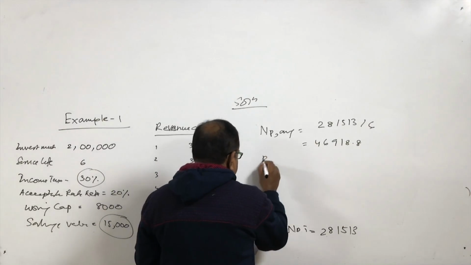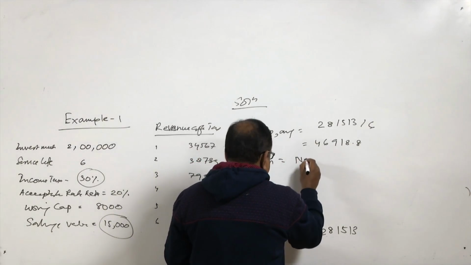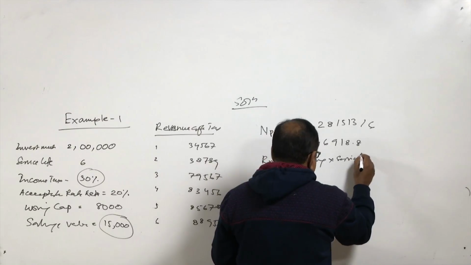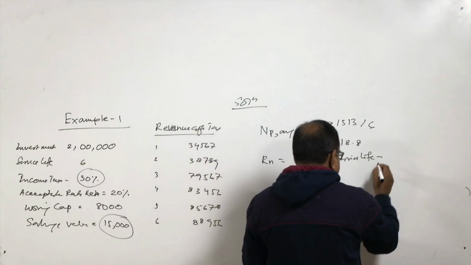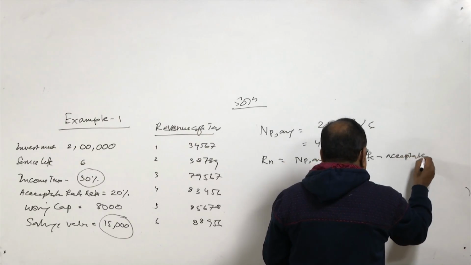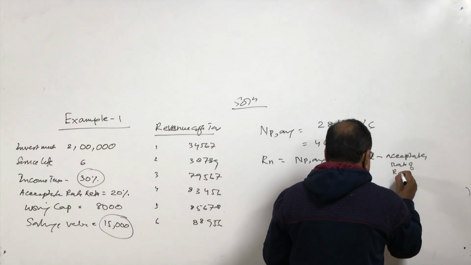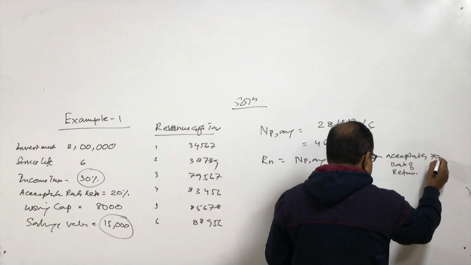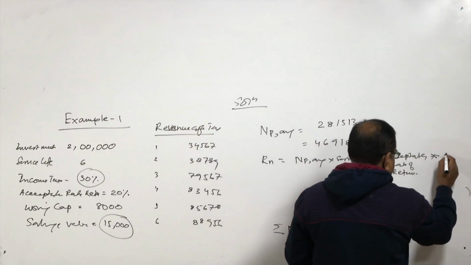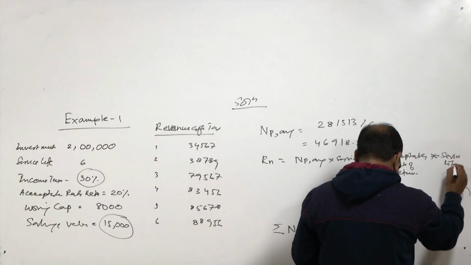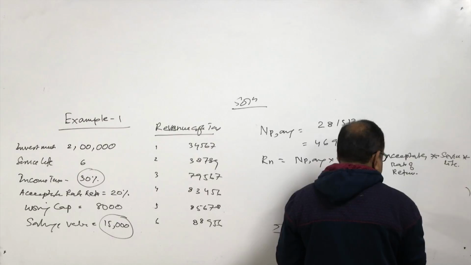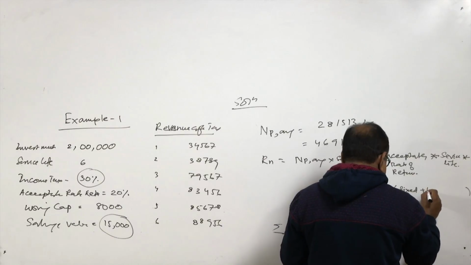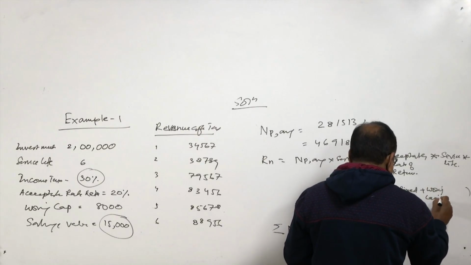Now, Rn is equal to NP average into service life minus acceptable rate of return into service life into, in brackets, fixed plus working capital.